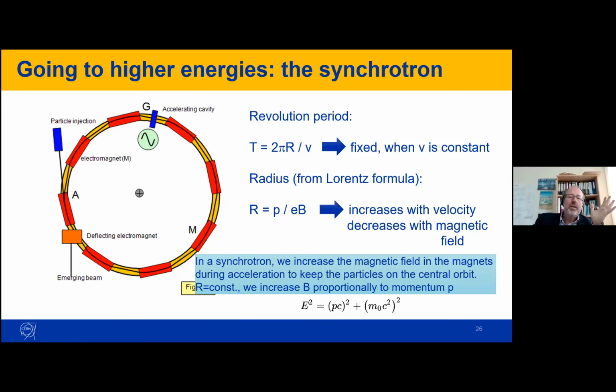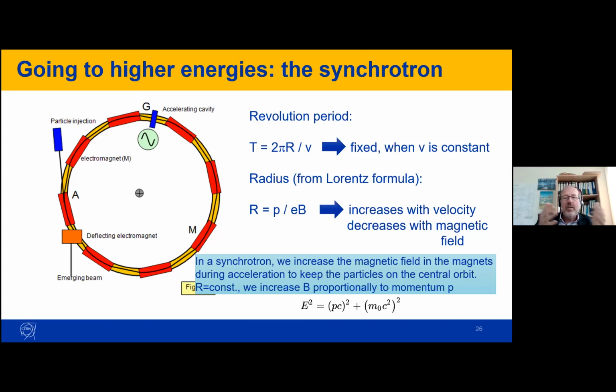So no problem, you are always synchronous with your accelerating RF fields, and the synchrotron works. Instead, you have to change the magnetic field during the acceleration, because the mass of the particle increases. The whole trick in a synchrotron is that we increase the magnetic field to keep the particles always on the same, fixed orbit inside the synchrotron.